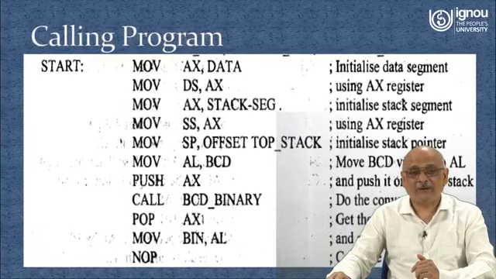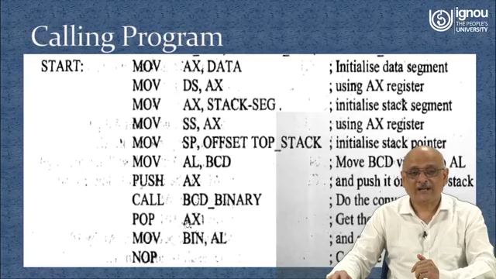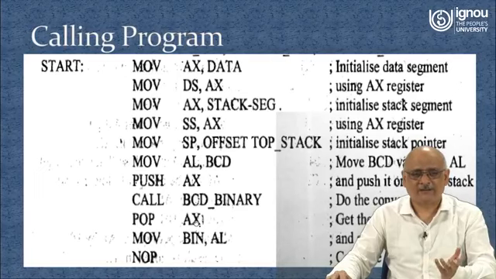So using the stack, you have utilized this particular stack, and the value of AX now contains the new binary value. AH contains whatever value, it does not matter. AL contains that particular binary value.